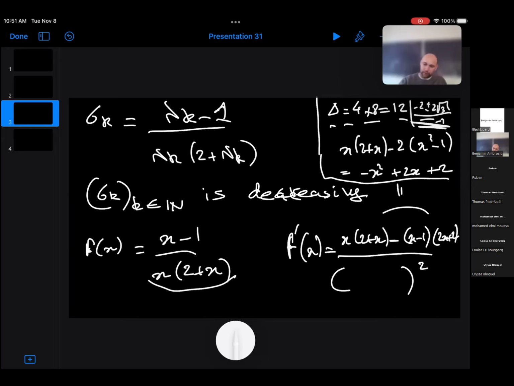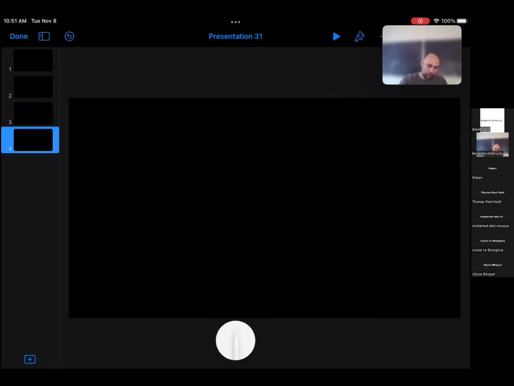So this is 1 plus or minus square root of 3.